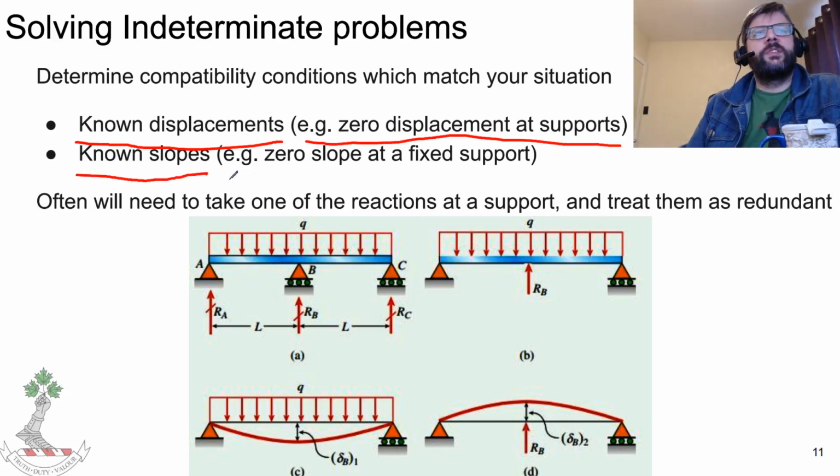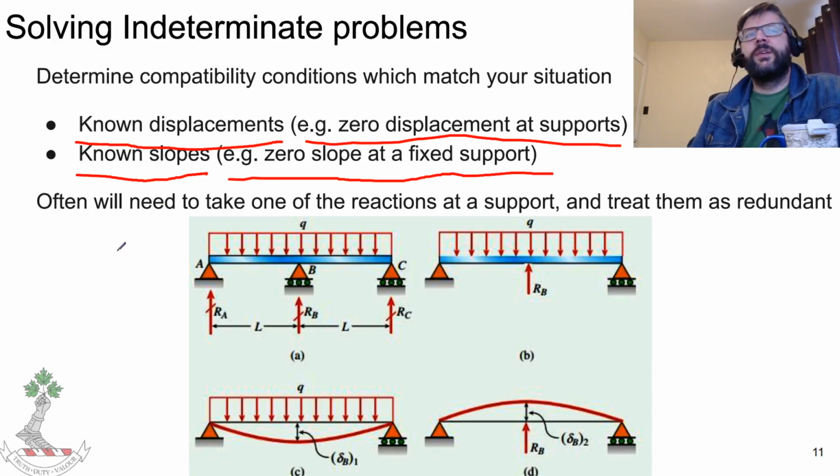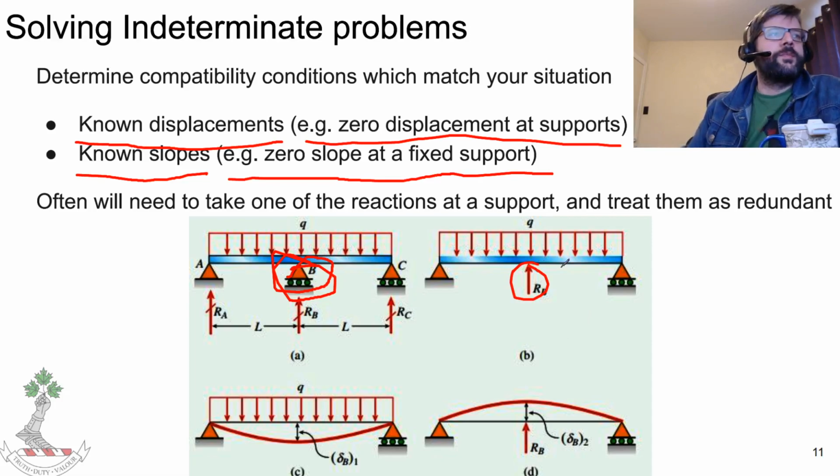Known slopes, such as zero slope at a fixed support. And oftentimes what you want to do is take one of the reactions for the supports and just remove that support, and then add that reaction as an unknown load.